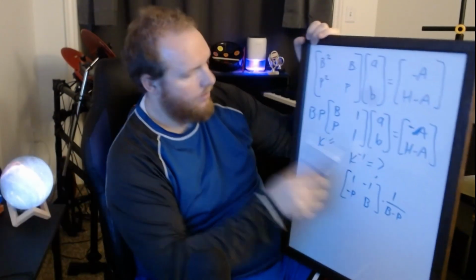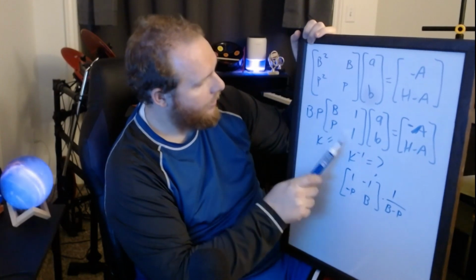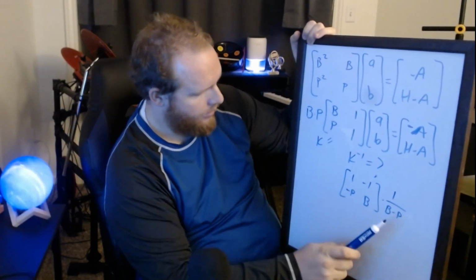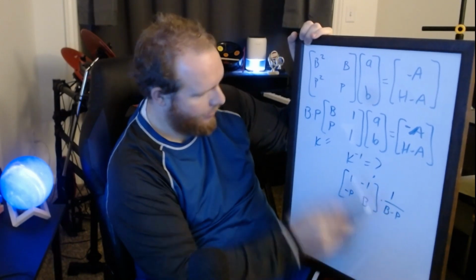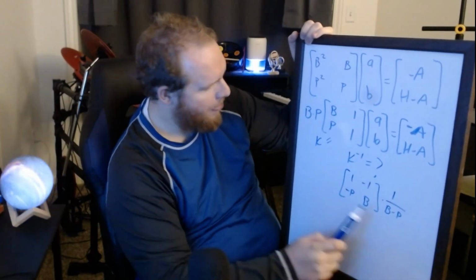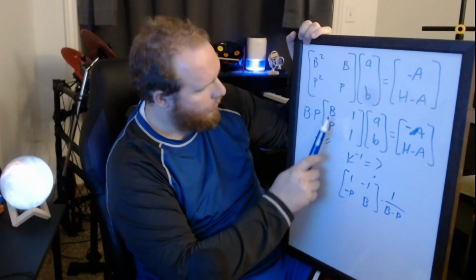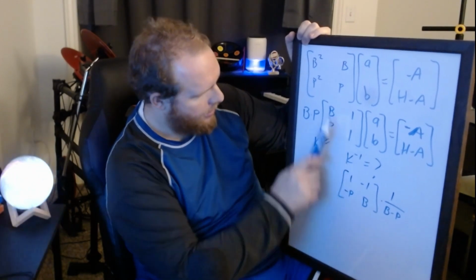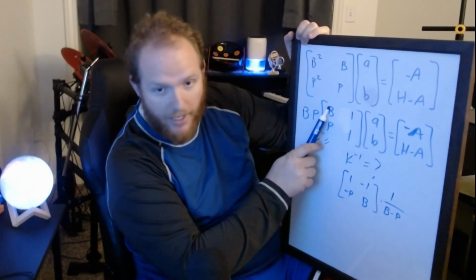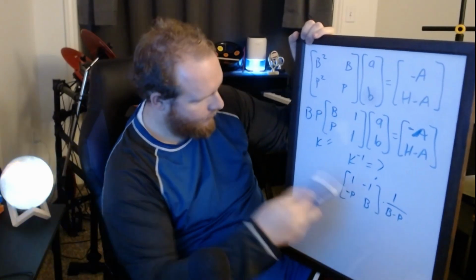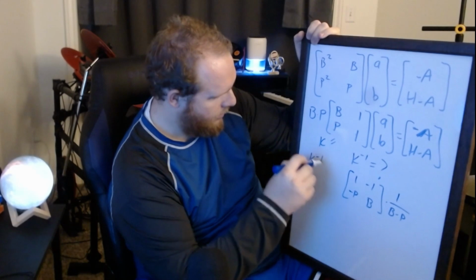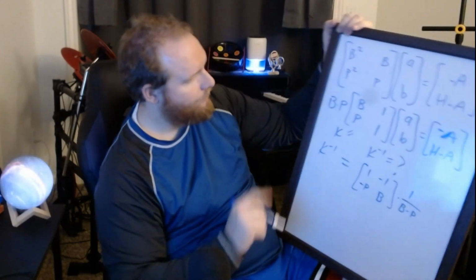So yeah, with a 2 by 2 matrix, to find the inverse, you multiply by 1 over the determinant, which we already found previously. The determinant was b minus p. You flip the positions of the main diagonal, and then just make the off diagonal negative. So K inverse is exactly that.